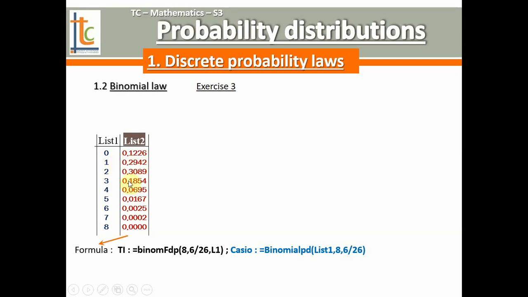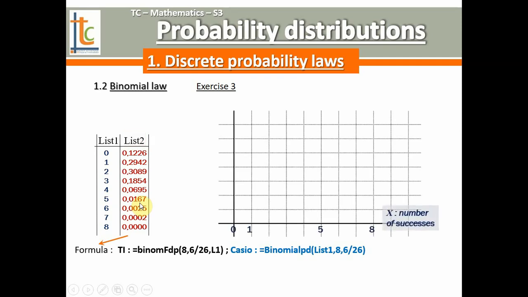And you can comment on this list of values by saying that the farther you are from the value 2, the lower your probabilities will be. They are decreasing, going to the top or going to the bottom of the list.